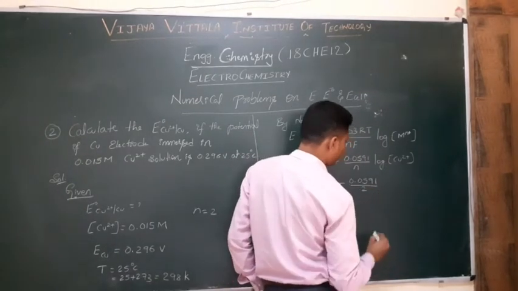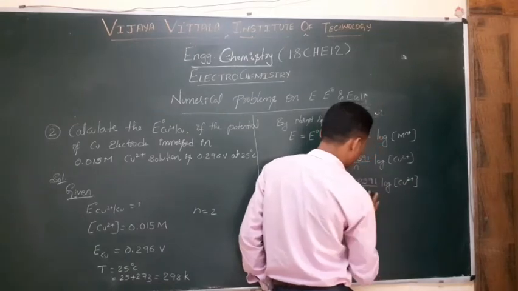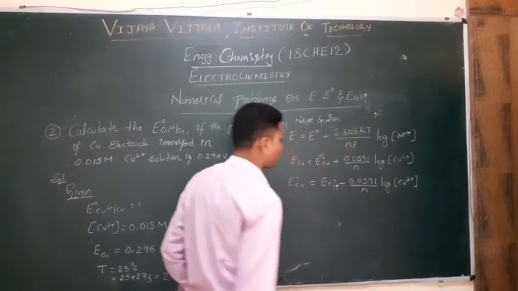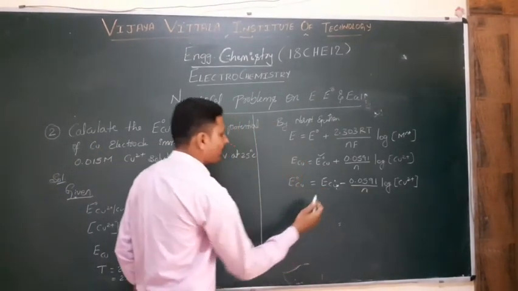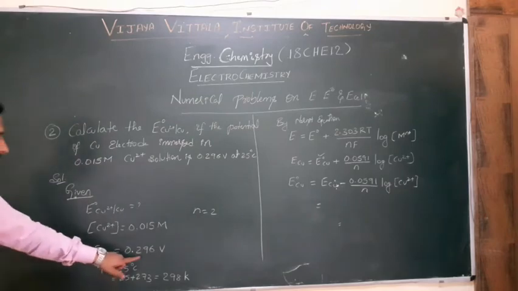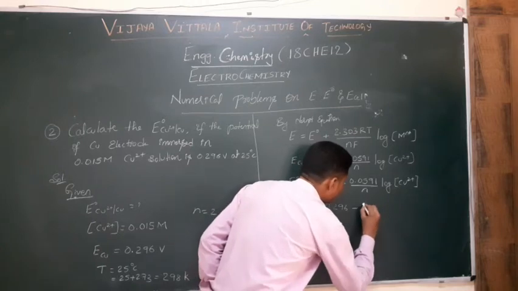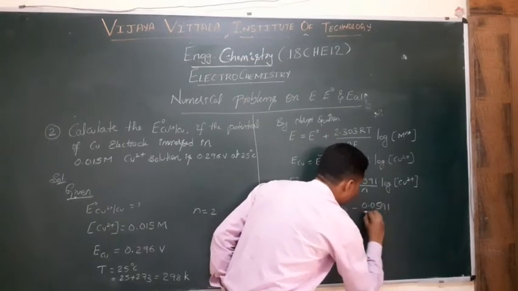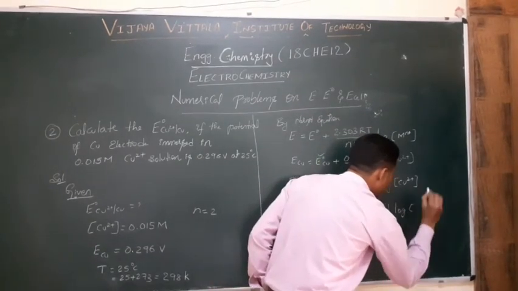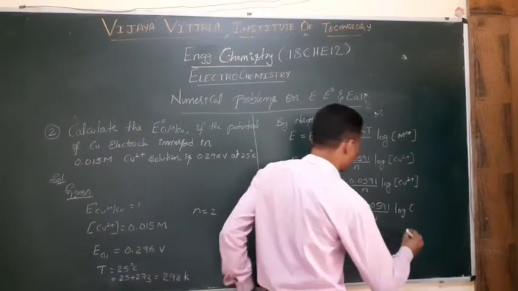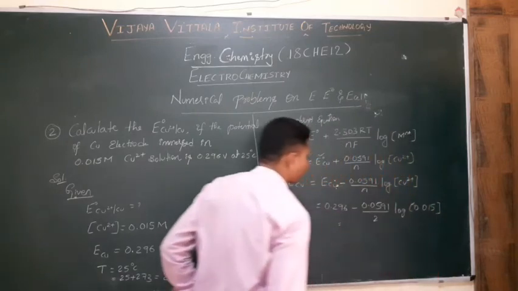Then you substitute the values: the electrode potential of copper is 0.296 volt minus 0.0591 divided by 2 into log of 0.015 molar concentration.